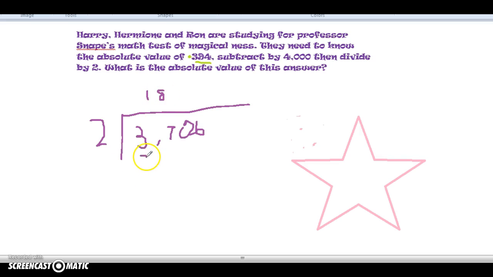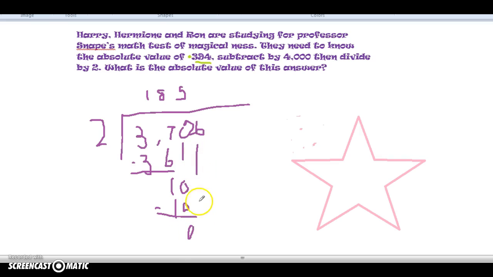18 times 2 is 36. Subtract this, and that makes 1. Bring down the 0. 2 goes into 10 5 times. 5 times 2 is 10. And that is 0.